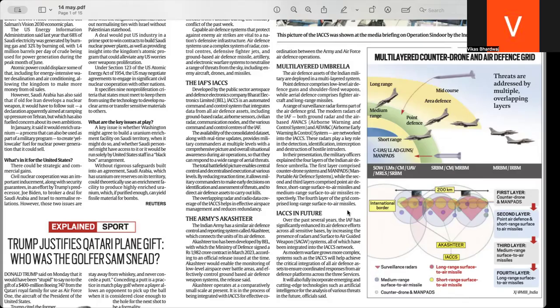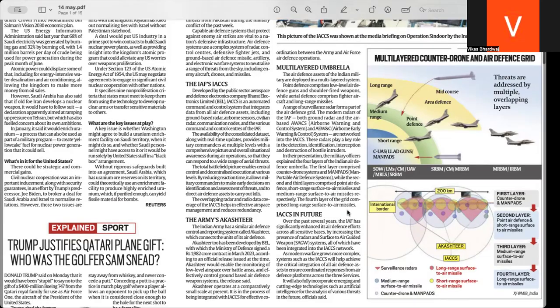The first layer is the counter drone system and man portable air defense system, while the second and third layers comprise point air defense, short range surface to air missiles, and medium range surface to air missiles. The fourth layer comprises long range surface to air missiles. For future warfare, which is becoming very complex, this is really going to help.